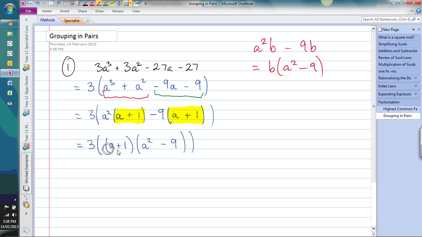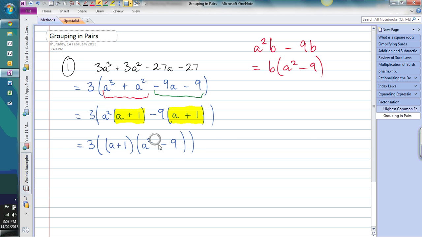And if we have a look at this expression here, there's actually a redundant set of brackets. This outside set of brackets isn't actually doing anything. They're telling me to do this bracket times that bracket before I do the 3 times the result. However, we know that with multiplication it doesn't matter what order we do things in. I've got a 3 and an a plus 1 and an a squared minus 9.